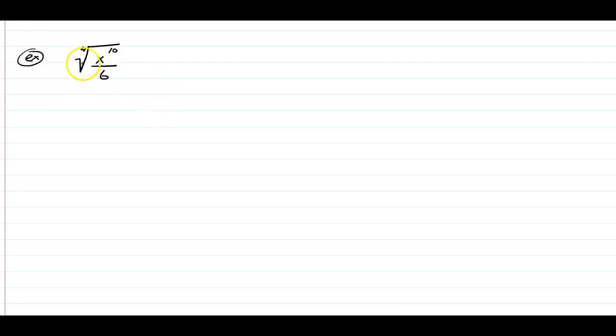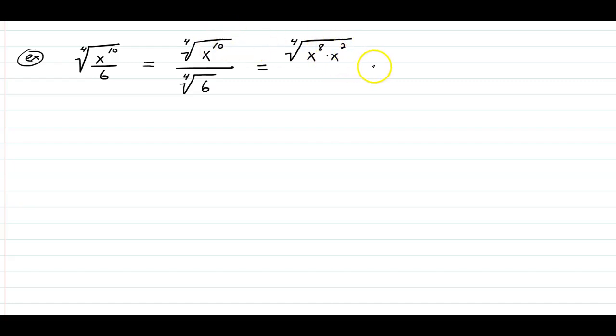Alright, our next example has the fourth root of x to the 10th over 6. So like the last one, I'm going to rewrite it. On top, that x to the 10th, I'm going to rewrite as x to the 8th times x squared, because 8 plus 2 will give me that 10.